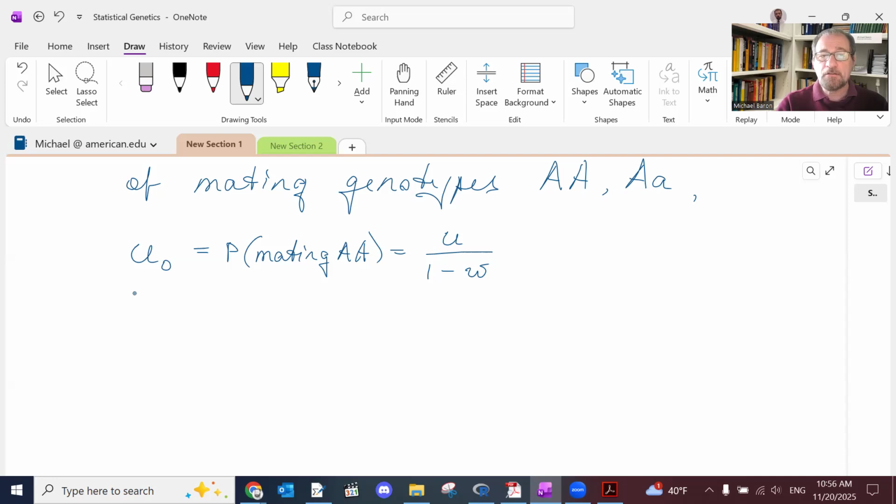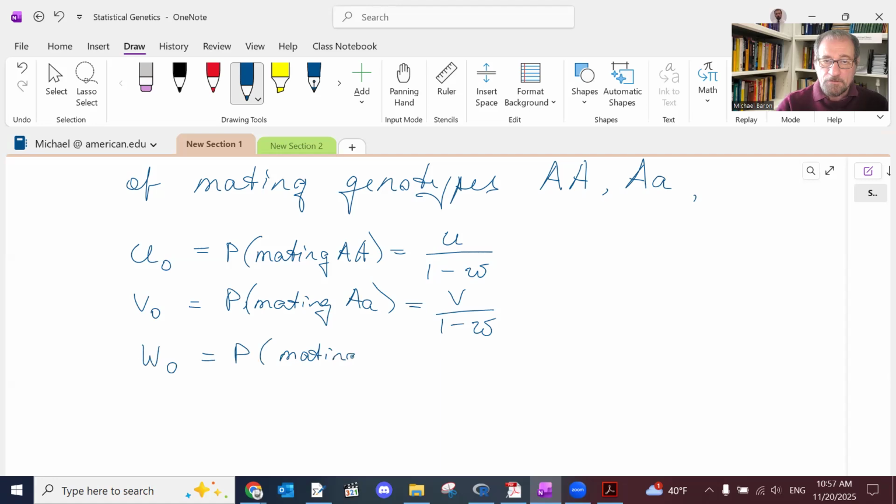And similarly, V0, the proportion of mating heterozygotes, will also be divided by the same probability, 1 minus W. W0, that's the probability of mating recessive genotypes. What is that? They're not allowed to mate.